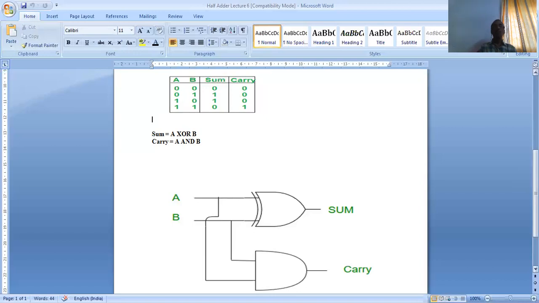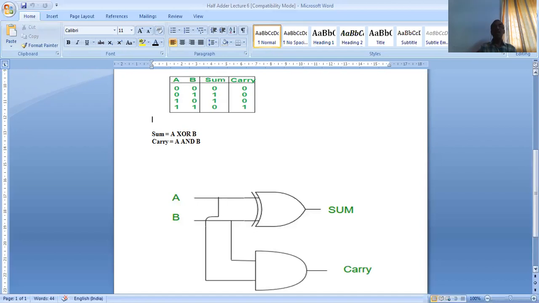Then first step. When A equal to 0, B equal to 0, the output of upper XOR gate, that is sum, equal to 0. This is because this is the truth table of the working of XOR gate.